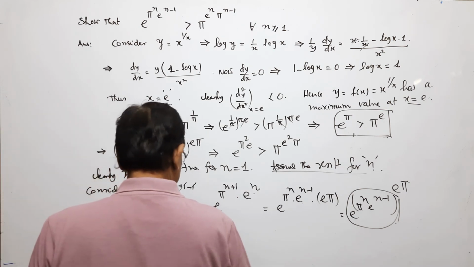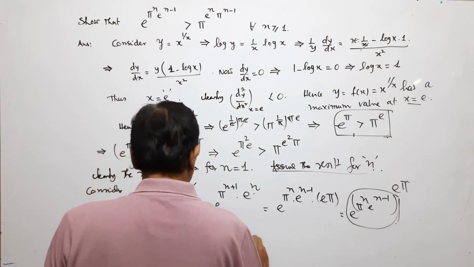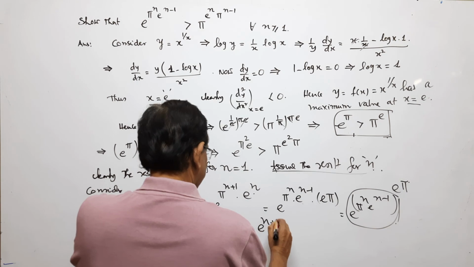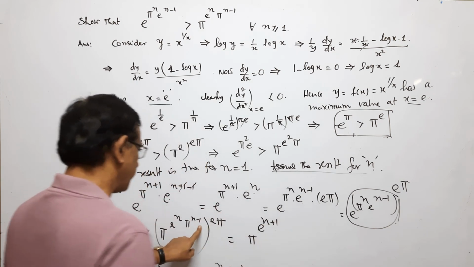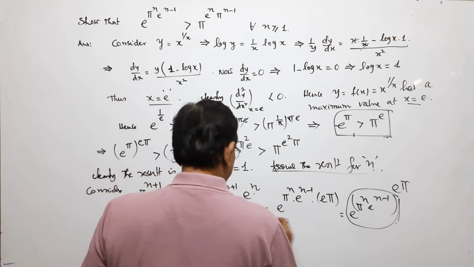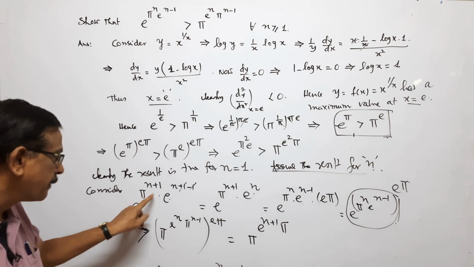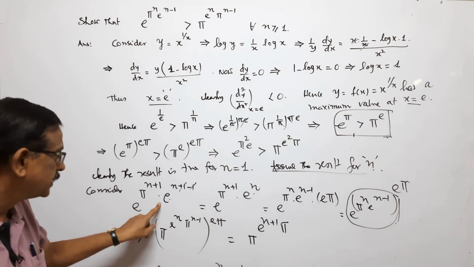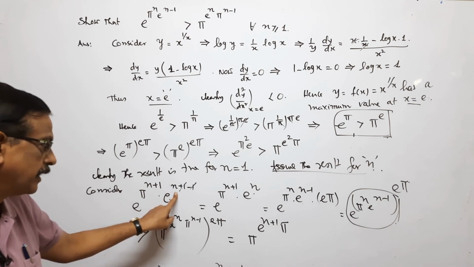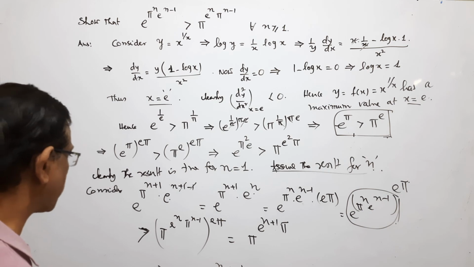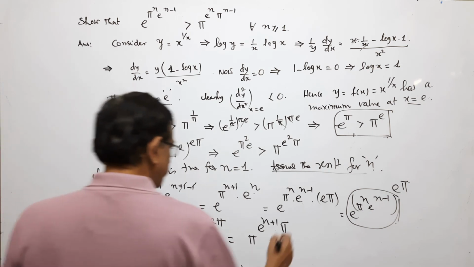So this is equal to pi power e, now you have n, so e power n plus 1, pi power n minus 1 into pi, which is pi power n. So whenever you take e power pi power n plus 1 into e power n, that will be bigger than pi power e power n plus 1 into pi power n.